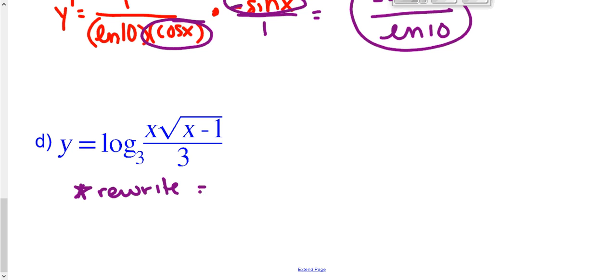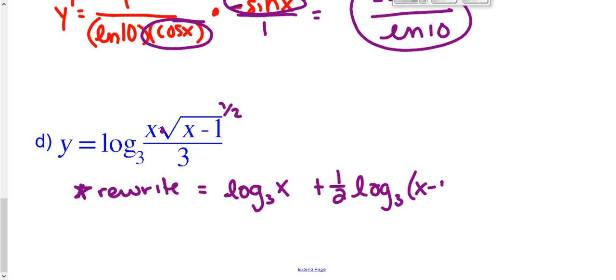So when we rewrite this, we have log base 3 of x plus, this is a 1/2 exponent, so we can move that to the front when we make it a logarithm. It's plus because these two are times, log base 3 of x minus 1 divided by 3, so this is minus log base 3 of 3.